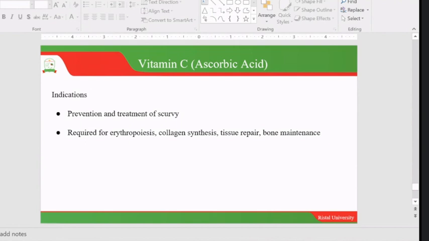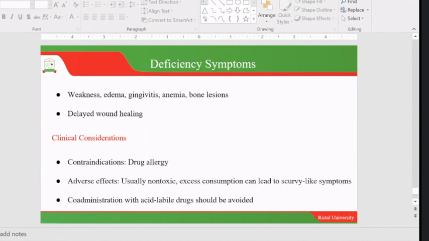Getting back to class, we are looking at vitamin C being required for erythropoiesis and also collagen synthesis, tissue repair, and bone synthesis. The deficiencies we are having: gingivitis, weak gums, bleeding gums, and anemia, bone lesions, and also delayed wound healing.